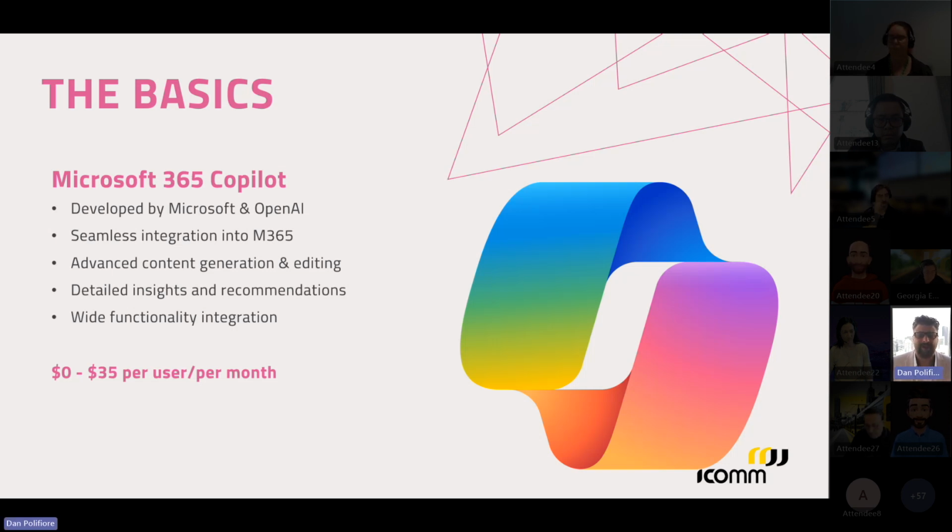A lot of data-driven insights and recommendations come out of Copilot, again, because it's grounded in your data, in your tenant data, anything available in OneDrive and SharePoint. It can really help you make more informed decisions based on your work world and your ecosystem. Out of the three, I think it's got the widest and probably the most flexible functionality integration, which we'll see as we go through it.